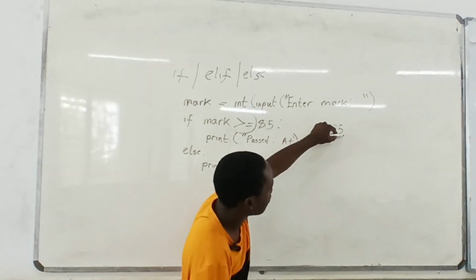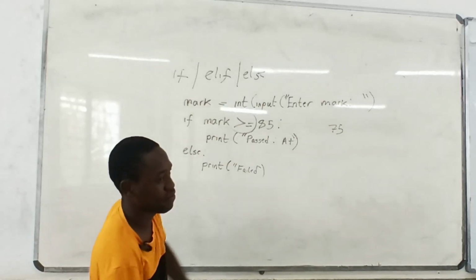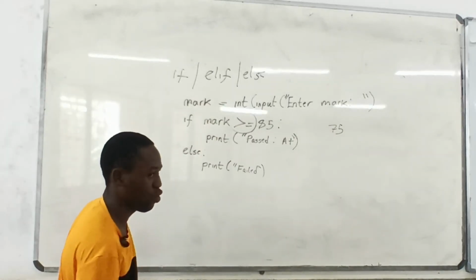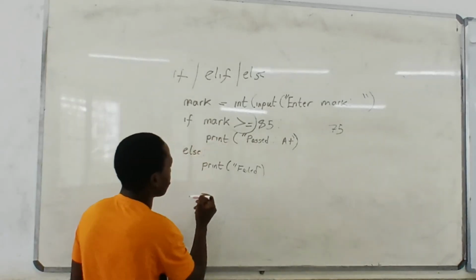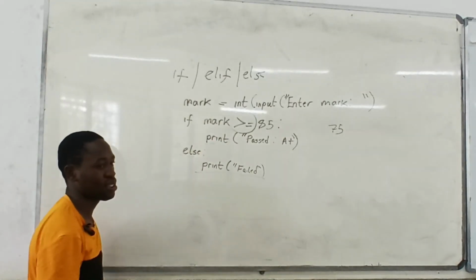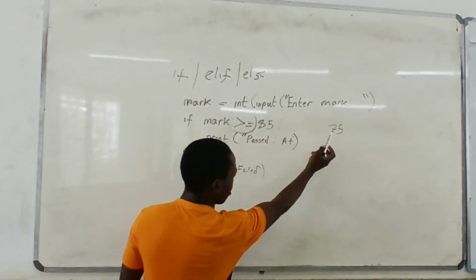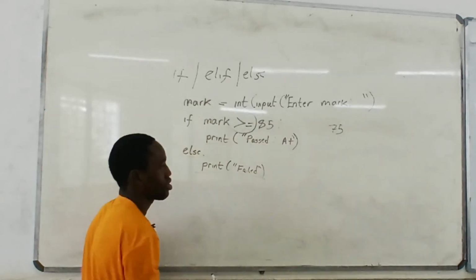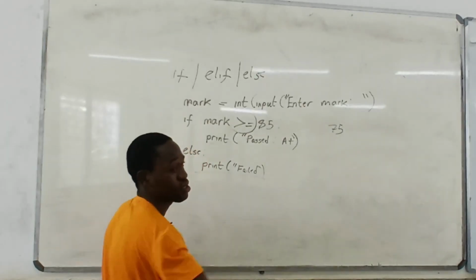It's 75 that we entered. Is 75 greater than or equal to 85? It will say no, it's not. So if it's not, it will skip this and go to else to print failed. But if it is correct, then it will print passed with A plus, whatever.